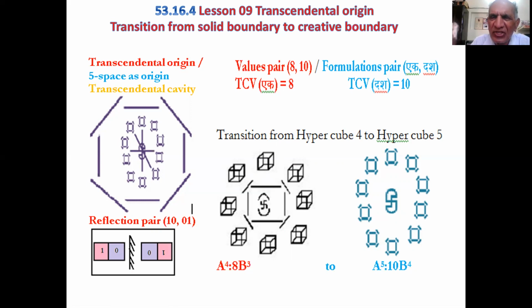It is this initiation which brings us face to face with the pair of values 8 and 10. Now this pair of values 8 and 10 take us to formulations ek and Adi, and thus the formulation ek is of TC value 8 and formulation Adi is of TC value 10.